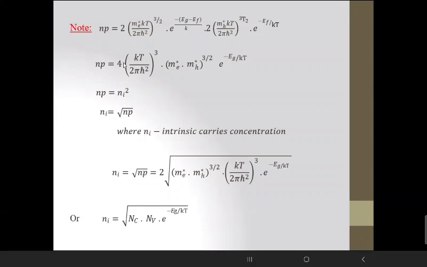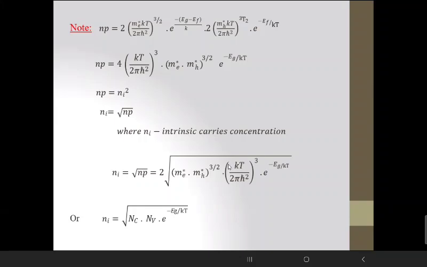Then np is equal to 4 times (kT over 2 pi h cross squared) cubed, (me star mh star) to the power 3 by 2, exponential of minus Eg over kT. np is equal to ni squared. So ni is equal to root of np. ni is what? Intrinsic carrier concentration. So ni is this formula.